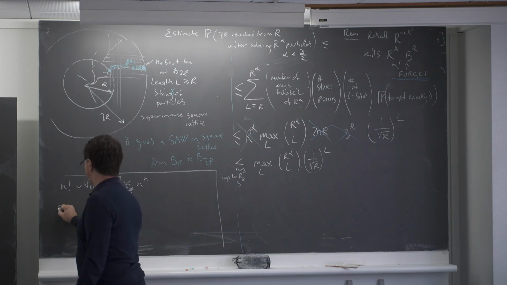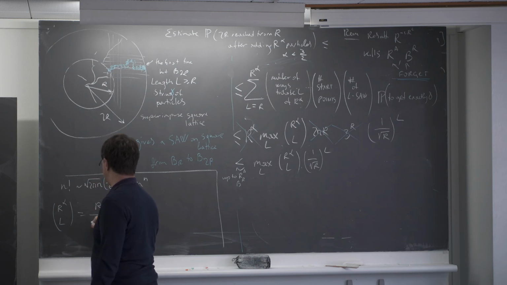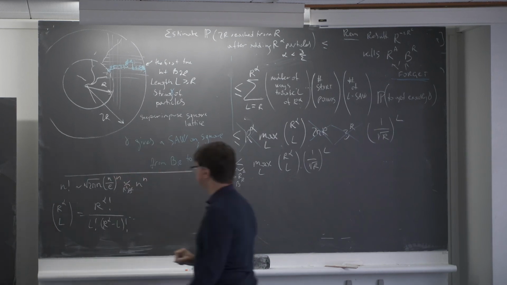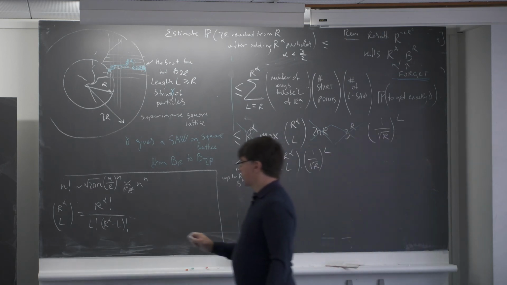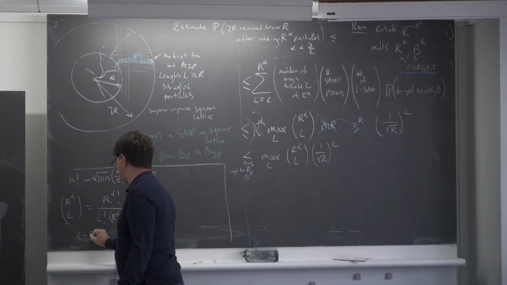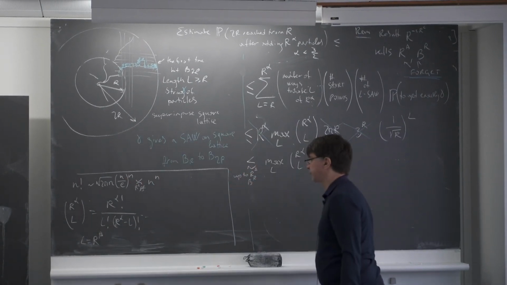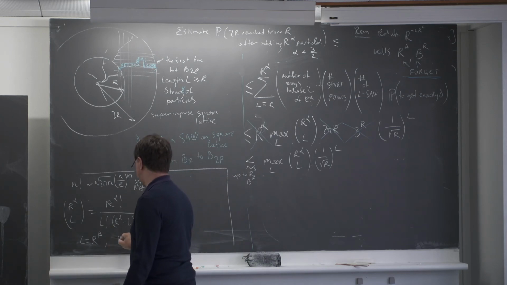Now r to the power alpha choose L is r to the power alpha factorial over L factorial times r to the power alpha minus L factorial. For simplicity, let me write L equal to r to the power beta. That will be better. So what do we know? That beta is at most alpha, and at least 1.